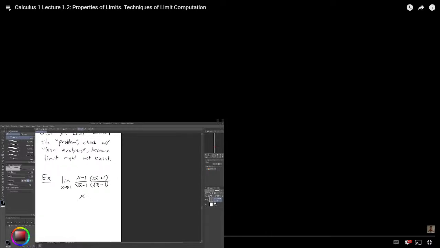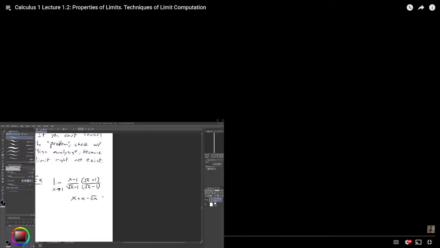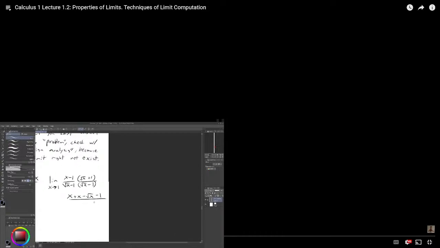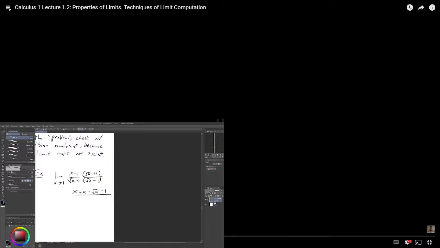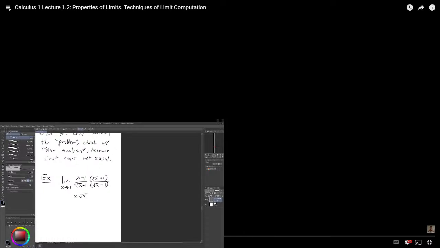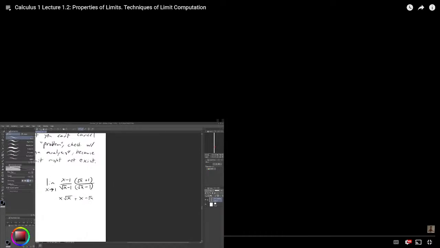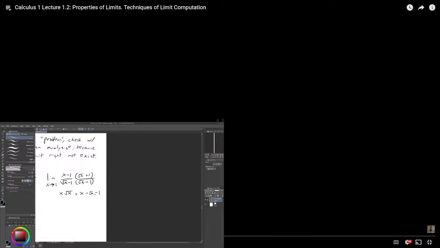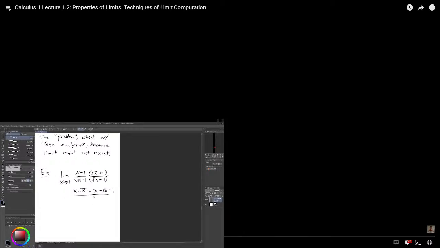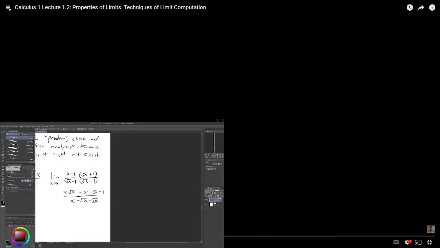X plus X minus square root of X minus 1, or wait, no, X times square root of X plus X minus square root of X minus 1 over X minus square root of X minus square root of X plus 1.